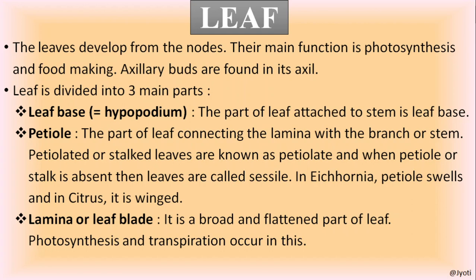So sessile means absence of petiole, petiolated means presence of petiole. But in some cases like Eichhornia, the petiole swells, and in citrus it is wing like. It is not always like a stalk. So modification of petiole is also there.